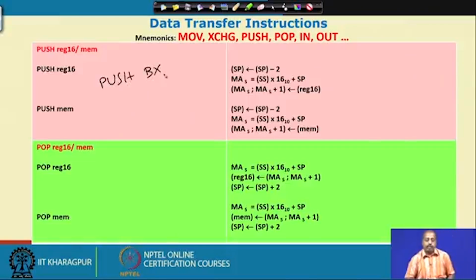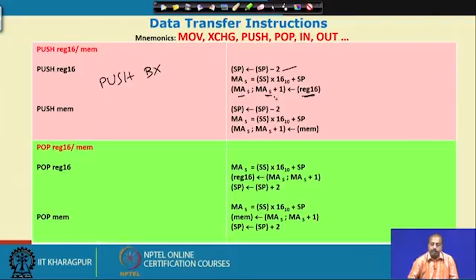So this BX register content will be pushed. First the stack pointer is decremented by 2, and then the effective memory address is formed by SS, the stack segment, multiplied by 16 plus the stack pointer. Then the higher order byte goes to this memory address, and the lower order byte goes to the memory address plus 1. That way the two successive bytes are saved.